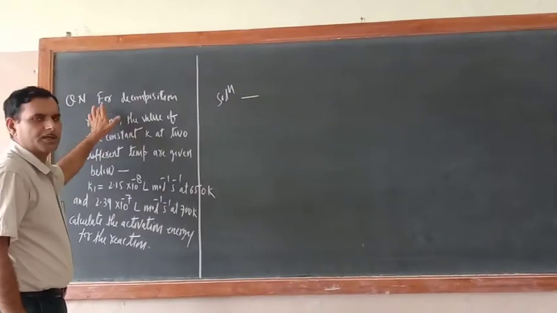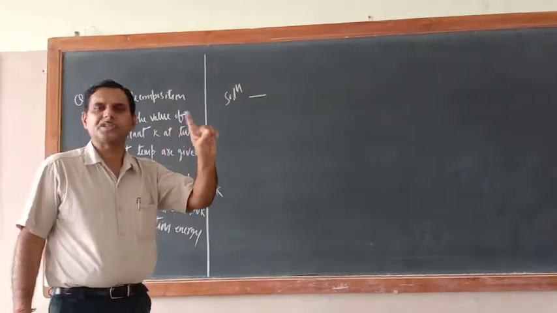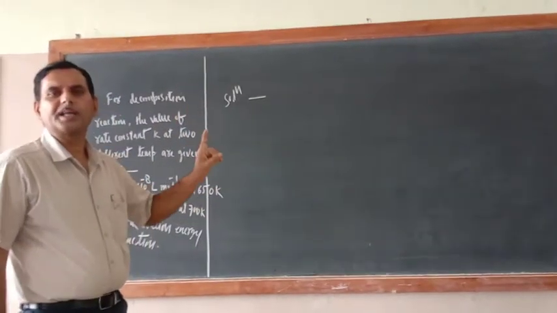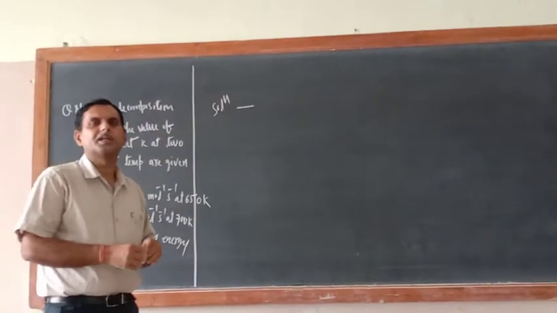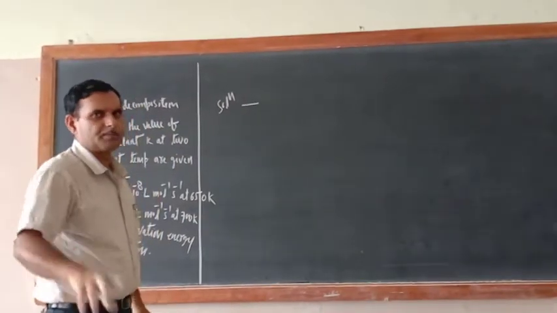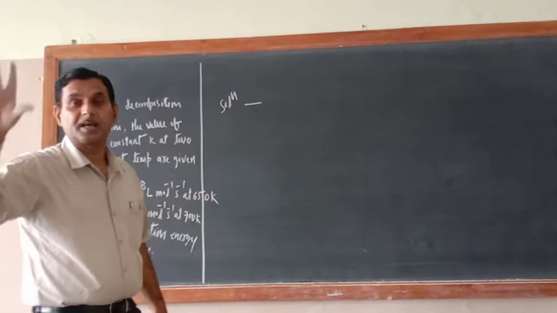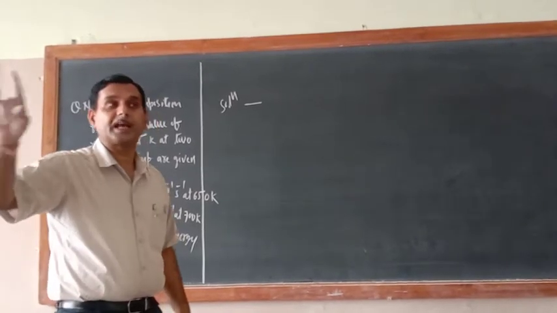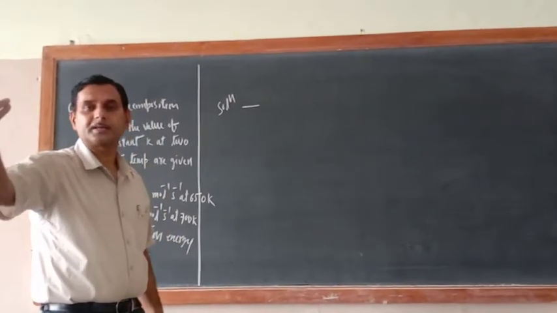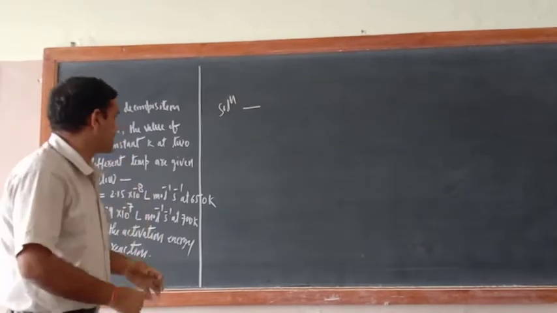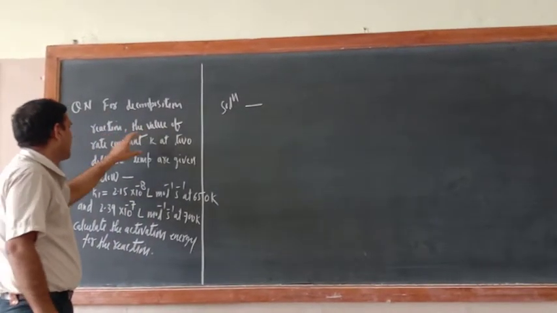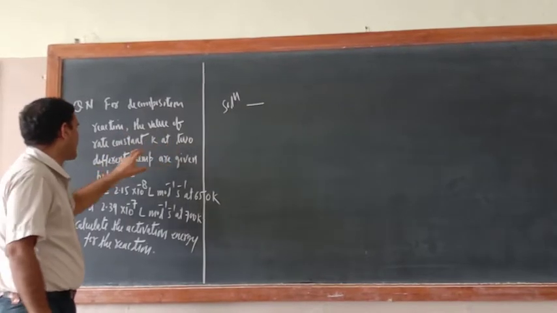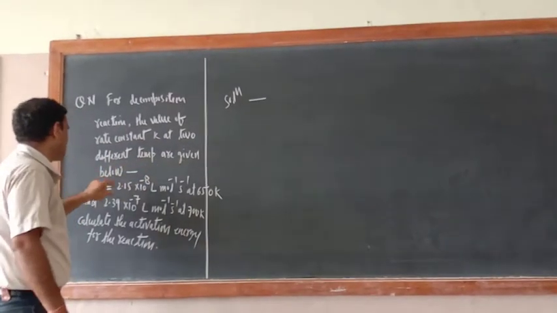Dear cadets, now one numerical which is based on the Arrhenius equation. In the Arrhenius equation there are different things with different expressions, and if everything is given except one, we can calculate that thing very easily. Just see here. For a decomposition reaction, the values of rate constant K at two different temperatures are given below.